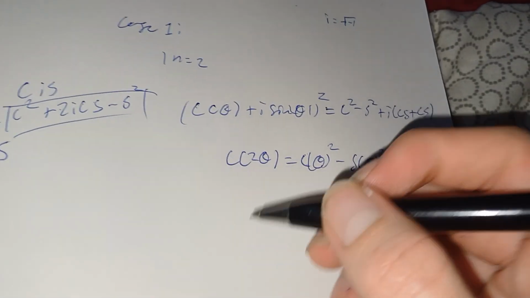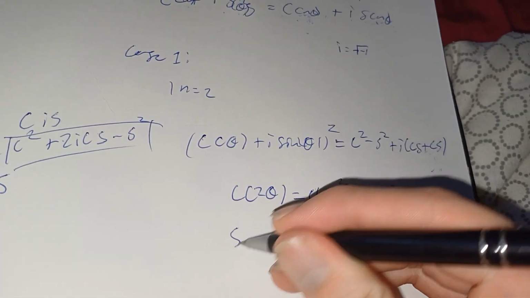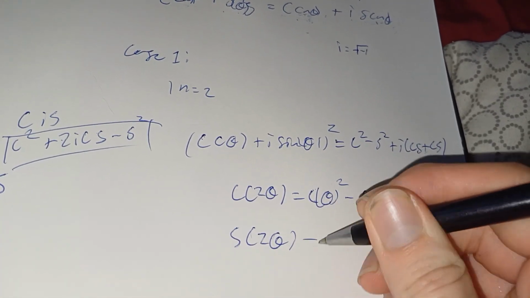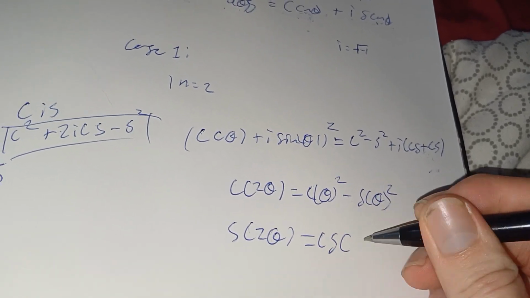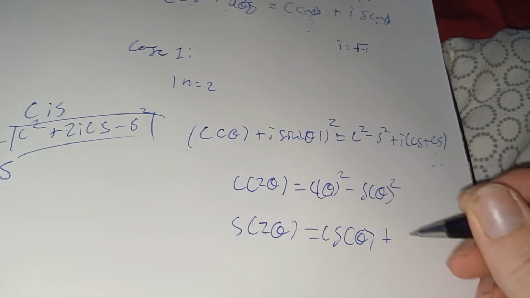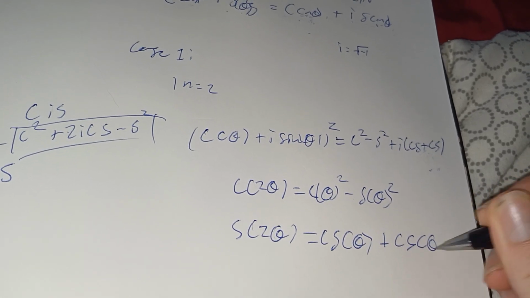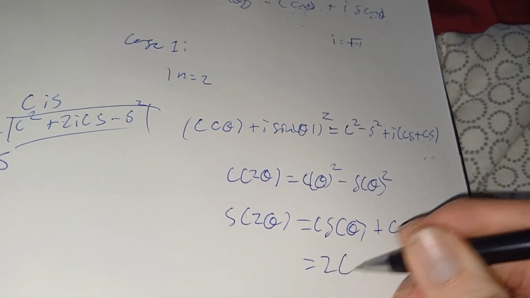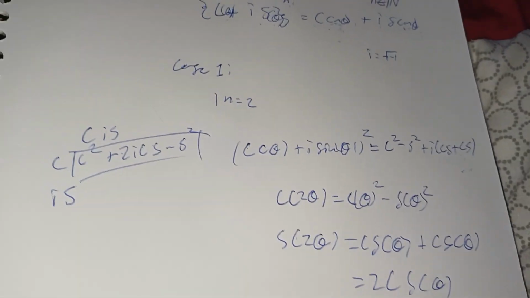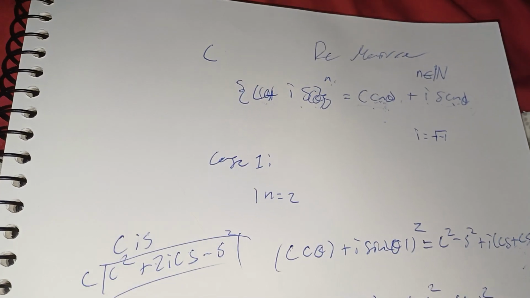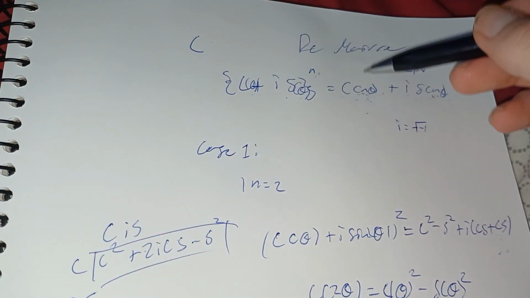And we know that sine of 2 theta equals cosine sine of theta plus cosine sine of theta. So it's just 2 cosine sine of theta. And now we can calculate the formula for any n.